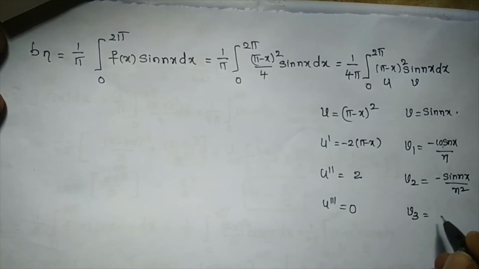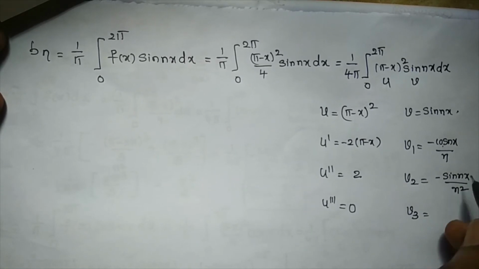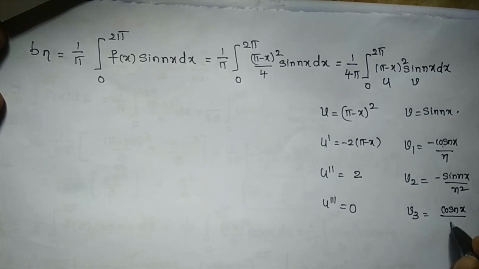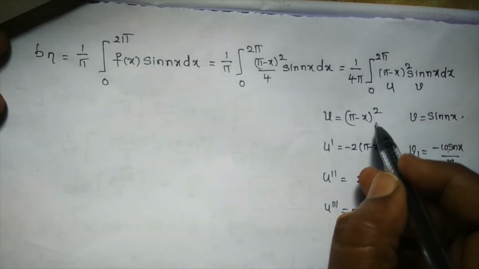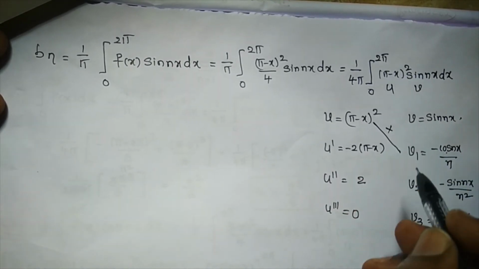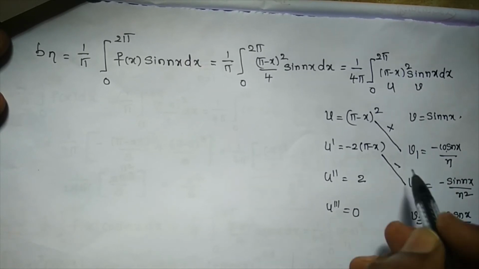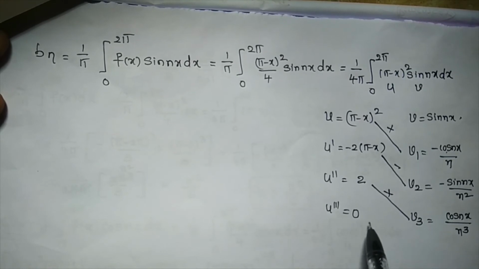And v3 will come as minus cos nx by n cube. Then the simplification: u v1 plus u dash v2 minus u double dash v3 plus u triple dash into v4, no need to calculate v4.